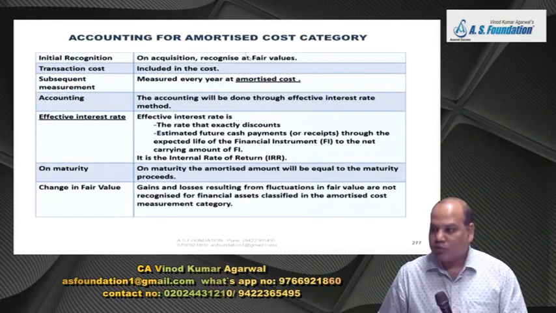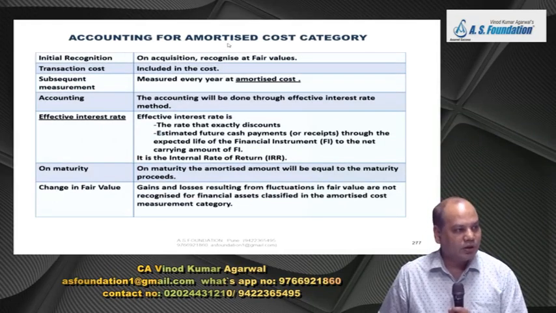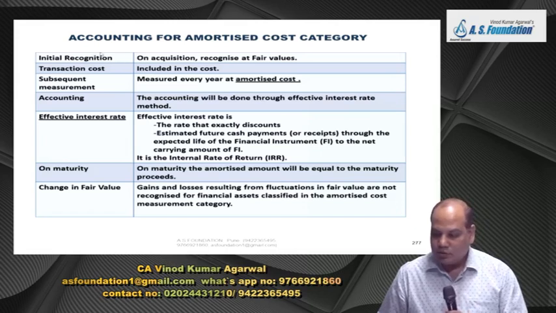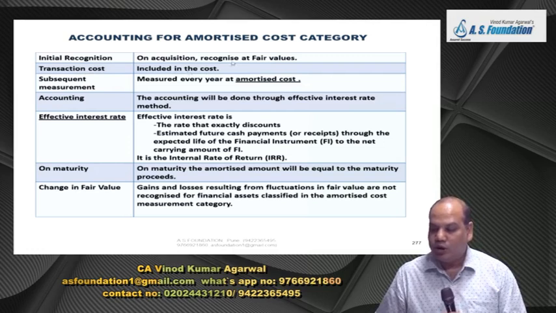Now again we have made a small summary of what you will do for the amortized cost category. Day one accounting at fair value, like FVTPL. But if there is a transaction cost, it will be included in the carrying amount.